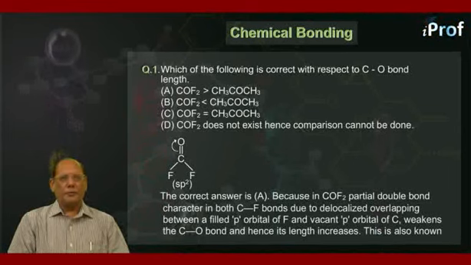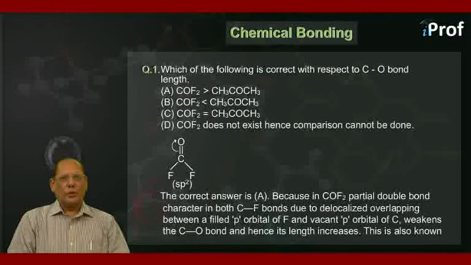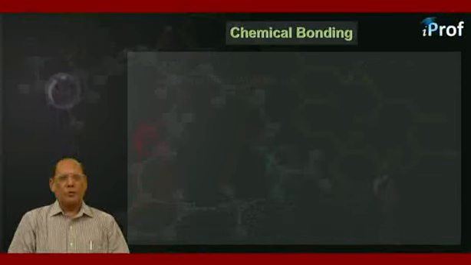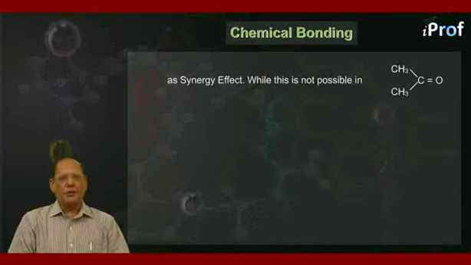We find that partial double bond character in both the carbon-fluorine bonds is possible due to delocalized overlapping between a filled p orbital of fluorine and vacant p orbital of carbon. That weakens the carbon-oxygen bond and hence its length increases. This is also known as synergy effect.